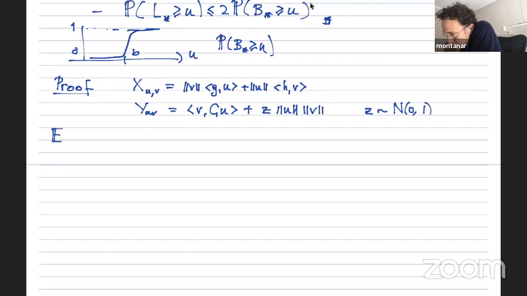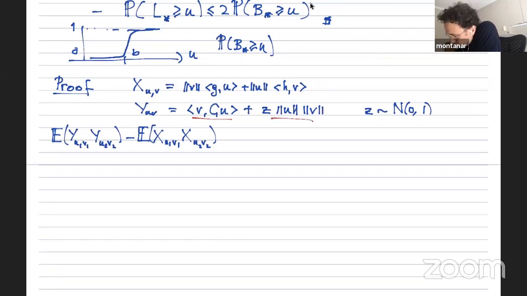Gordon's theorem, and okay, so the calculation that you have to do is computing the expectation of X(U1,V1) Y(U2,V2) minus the expectation of X(U1,V1) X(U2,V2). And okay, you see, when you compute the covariance, you get a piece that comes from this guy and a piece that comes from this guy.